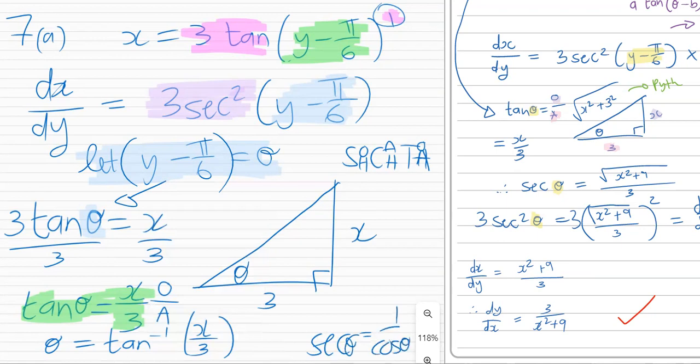So this you should know, it's the reciprocal of it. And so that's why I'm heading for sec theta. But for now, I still need to find my third side here. And I can just use Pythagoras, which I know is x squared, because it's the hypotenuse, plus 3 squared, square rooted. Okay. So we use Pythagoras to get that last side there.